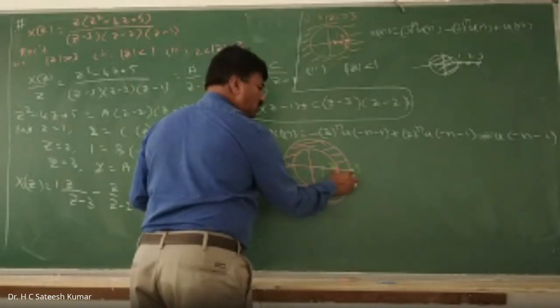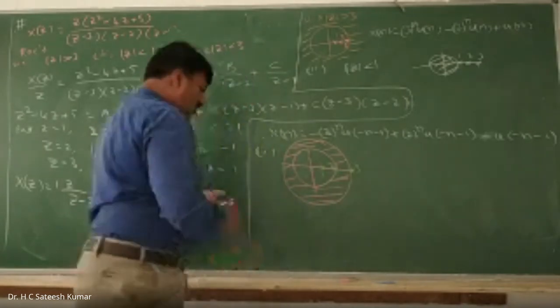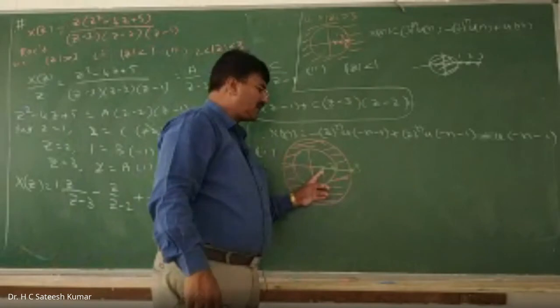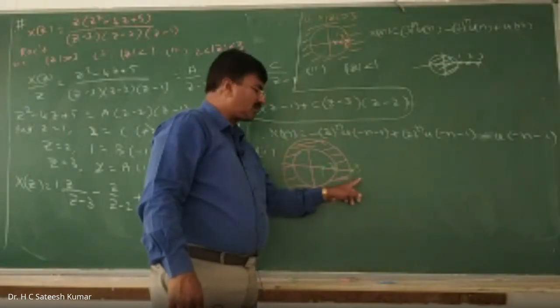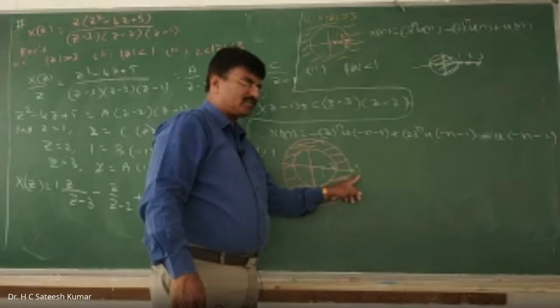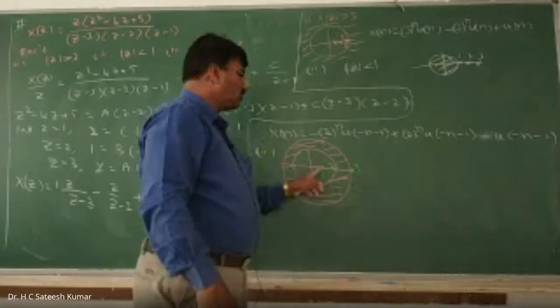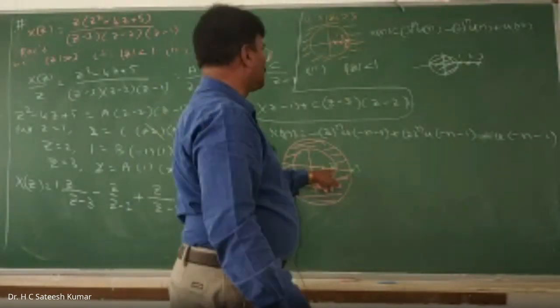ROC is between 2 and 3. Now, what is that we have? The terms corresponding to the poles whose pole radius is less than the ROC lead to right-handed sequence. The terms corresponding to the poles whose pole radius is greater than the ROC lead to left-handed sequence. Therefore, this will lead to left-handed, and these two will lead to right-handed. So the terms with poles 1 and 2 are right-handed. The first one is left-handed. Therefore, what is your x of n?